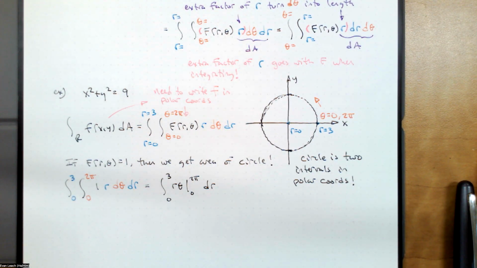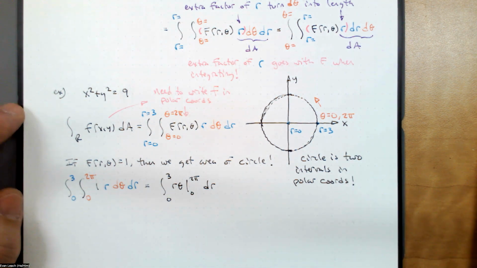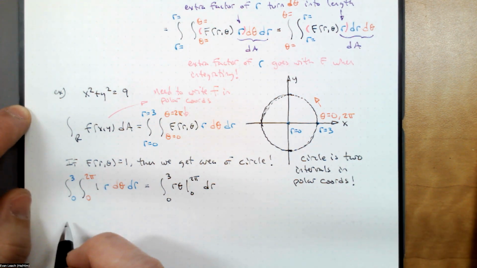So first I'll do my theta integral. The antiderivative of r with respect to theta is r times theta. We evaluate from 0 to 2 pi. So we get 2 pi r minus 0.